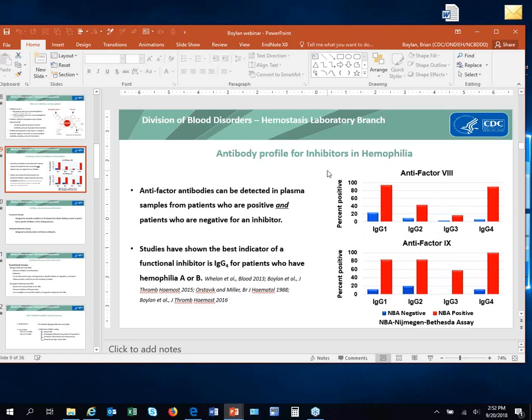I wonder if it's asking about using human serum albumin as a stabilizer for many of our assays, but certainly albumin is in the plasma that we're using as a mixture in the Nijmegen-Bethesda assay, but we never add it as a stabilizer in our assays.